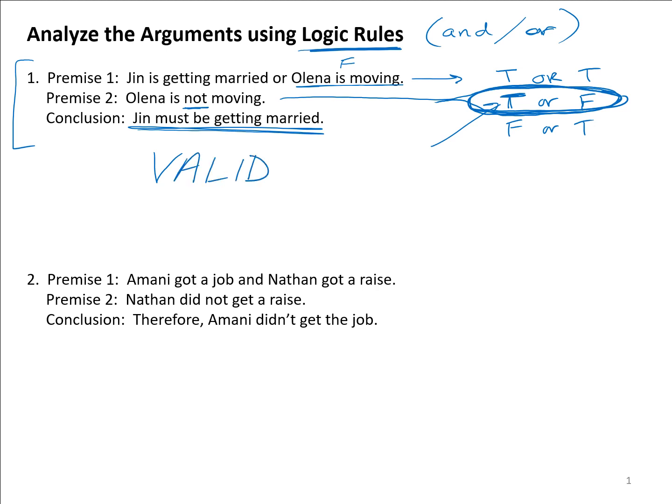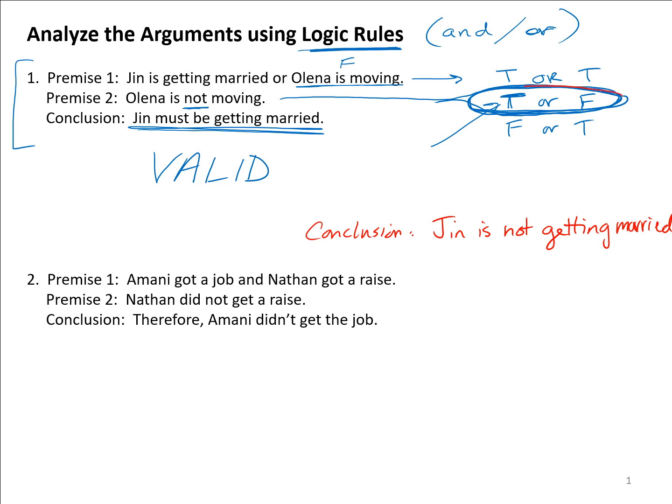Now, I'm going to do a what if: what if my conclusion had said Jen is not getting married? Then that would actually be invalid.